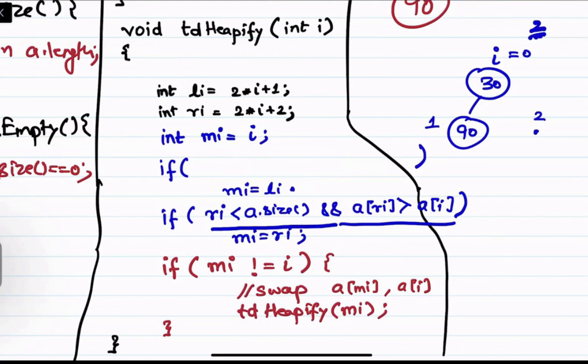What will be the condition then? If Li is less than a dot size and a of Li is greater than a of i, only then update Mi.